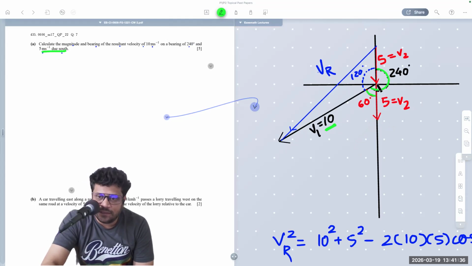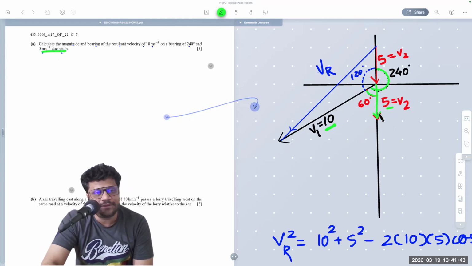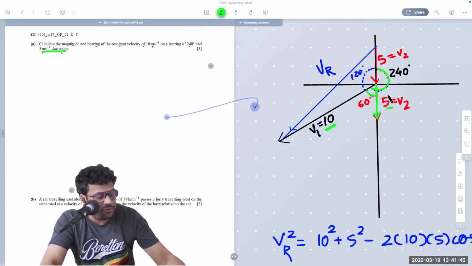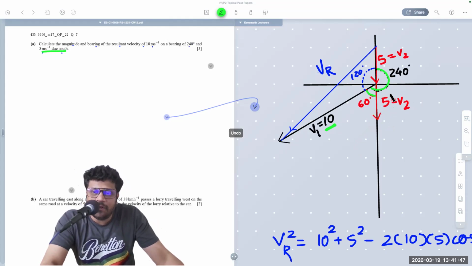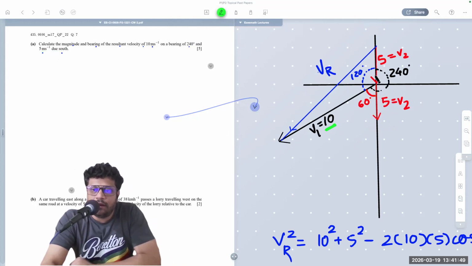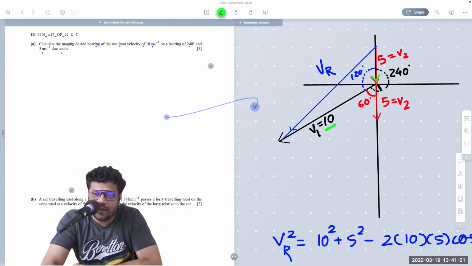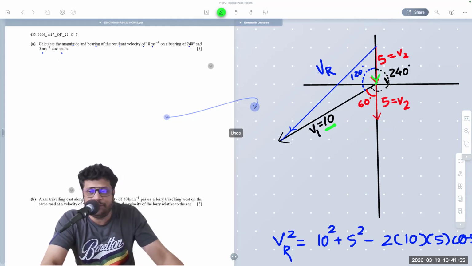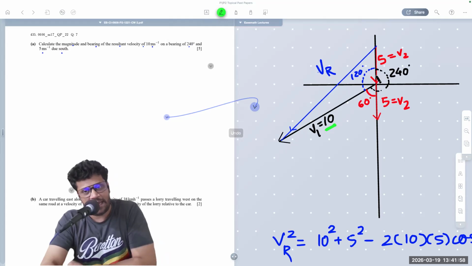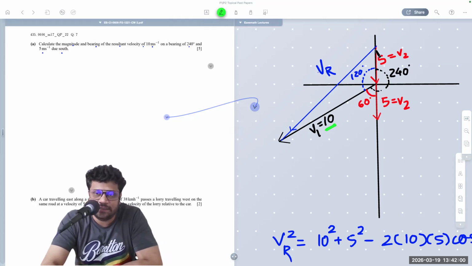So there is this velocity, which is 5 meter per second, and it's due south. So that's the direction of it. What I do again is I align them in a way the head of one is on the tail of the other vector. So once I do that, now I can very nicely use triangle law of vector addition.